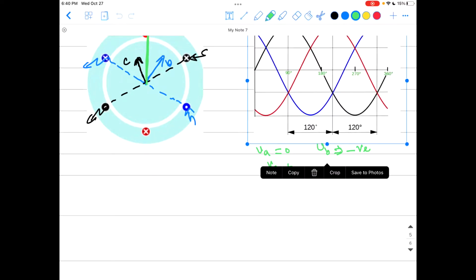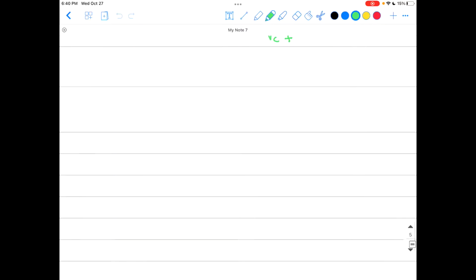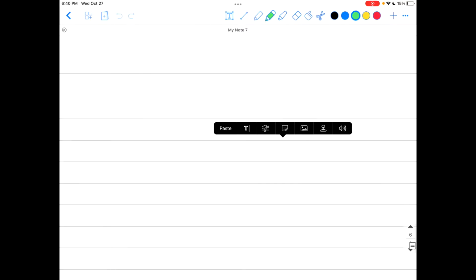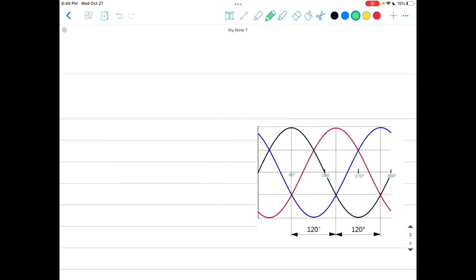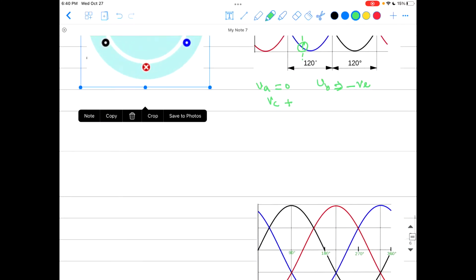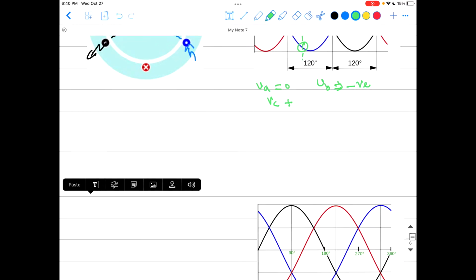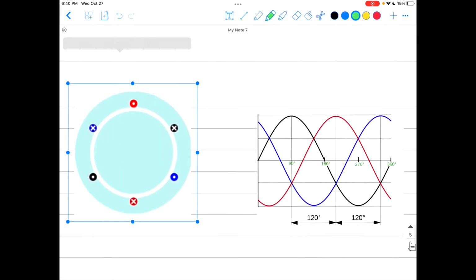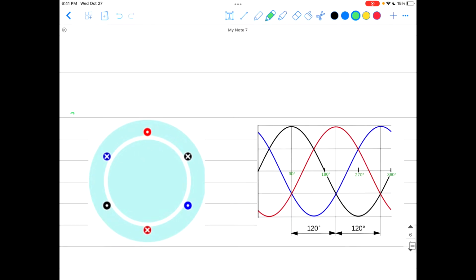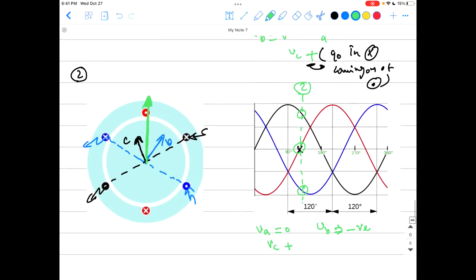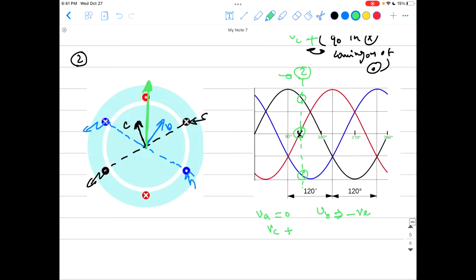Okay, so I'm going to get this again coming here, and this one also. Now I'm going to a third instant of time, just progressing in time, guys. So this was instant number 2.